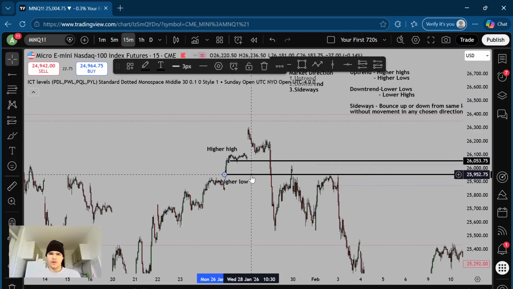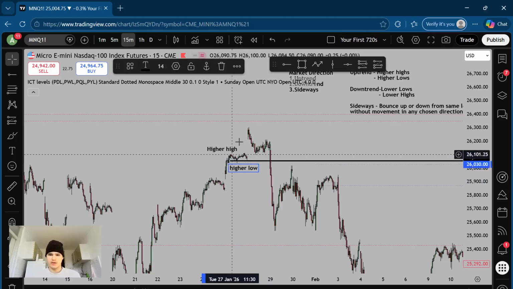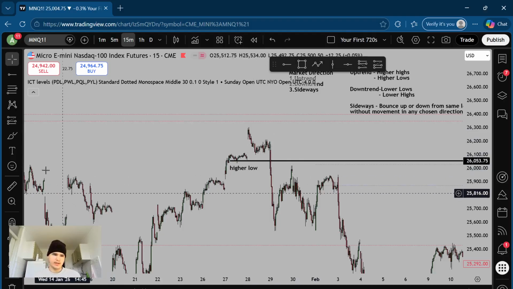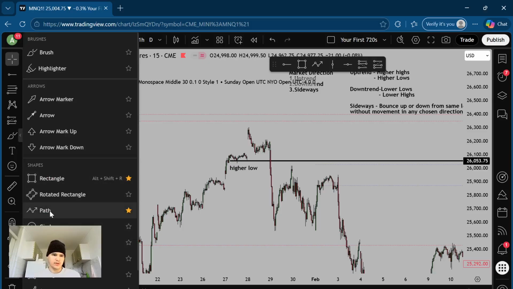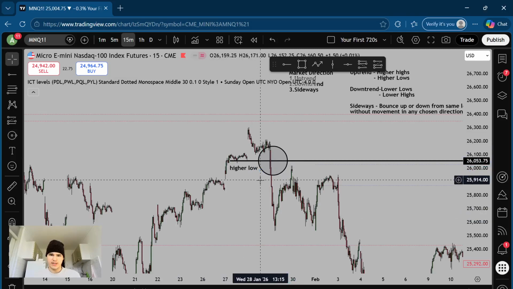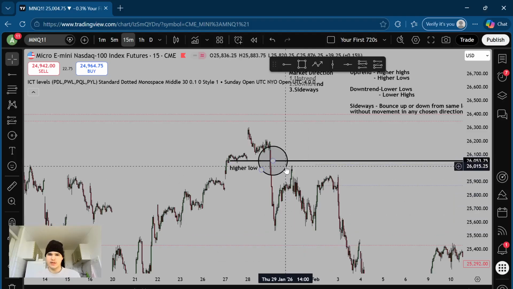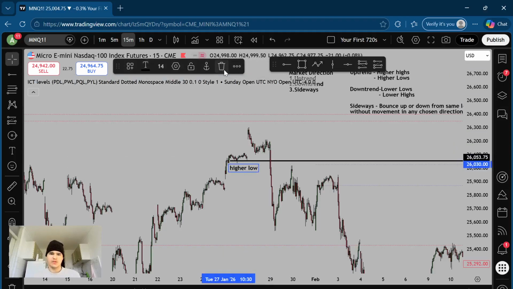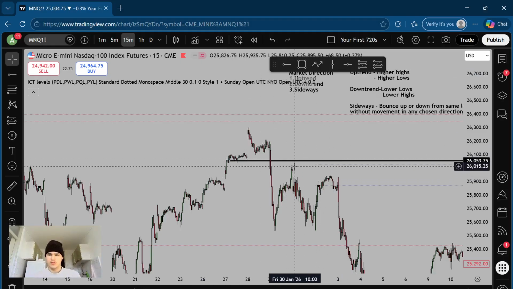So we then turn to a downtrend after this higher low, right, gets broken over here in this area. So let's do this for you. Right, this area breaks this higher low over here. And then what happens immediately after that, guys? We now switch from higher highs and higher lows to over here.